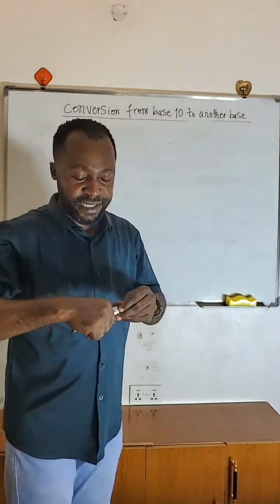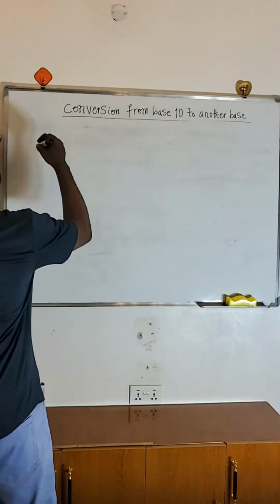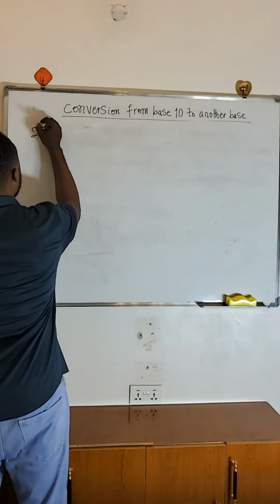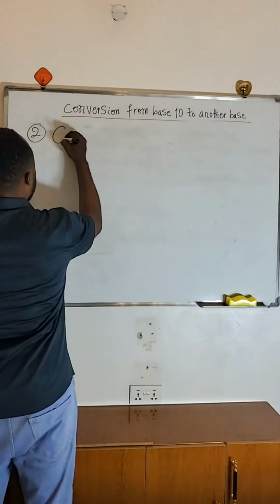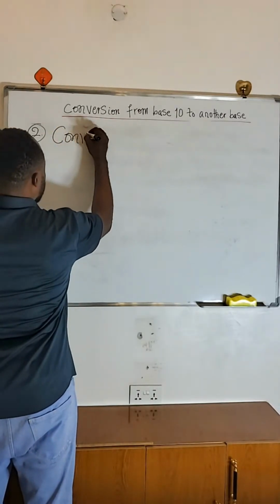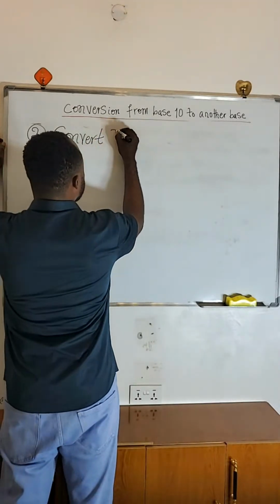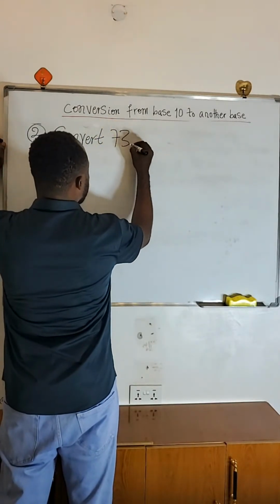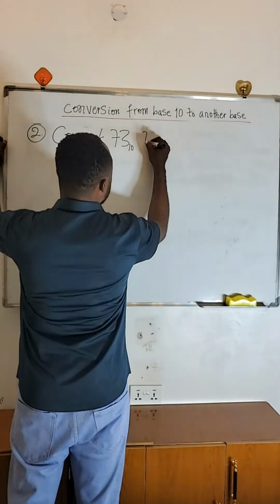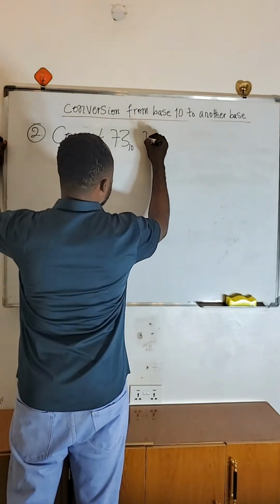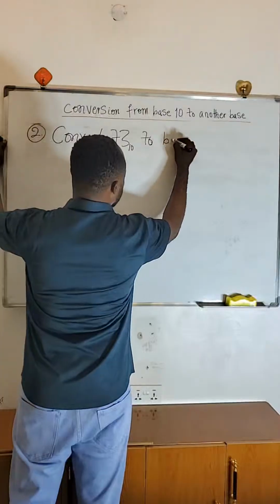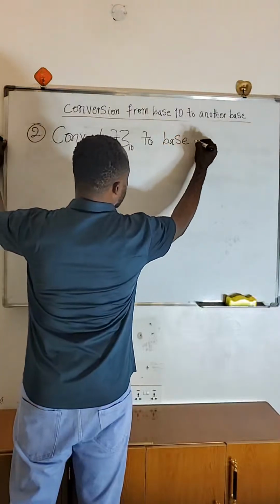All right. The next example says, example 2, convert 73 in base 10 to base 2.